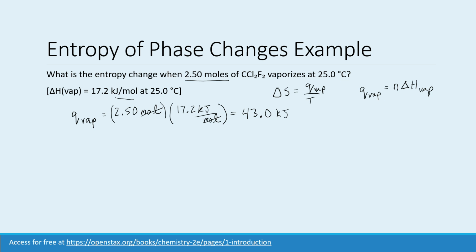Now, before we divide by the temperature, remember temperature always has to be in Kelvin. So we're going to take that temperature value of 25 degrees Celsius and add the 273.15. Okay, and remember that when we're adding values and focusing on significant figures, it's the shortest decimal place.